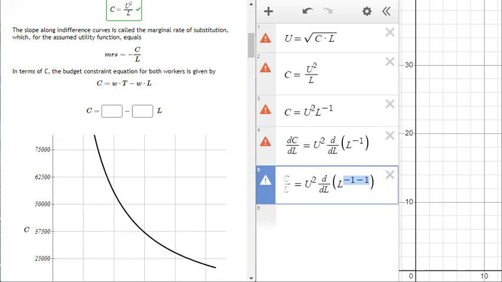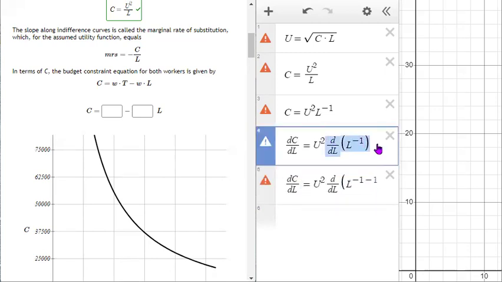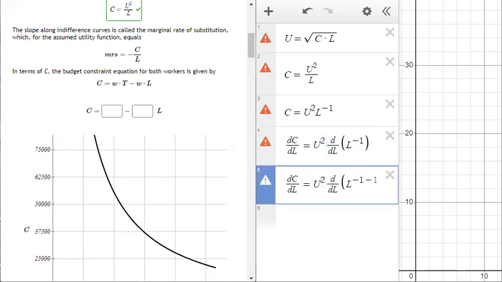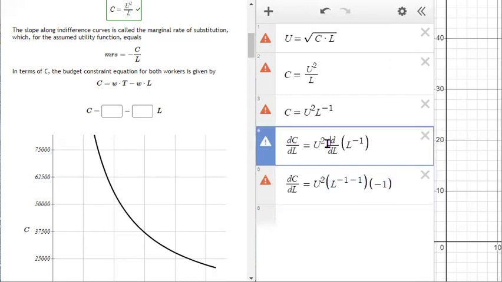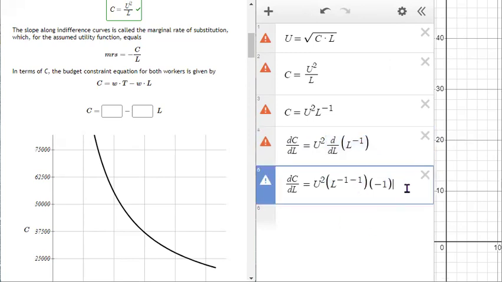We also want to multiply by the old exponent. So we're pulling out the old exponent, right? Now, this right here is that right there. So we can delete the DL here. Okay, cool.